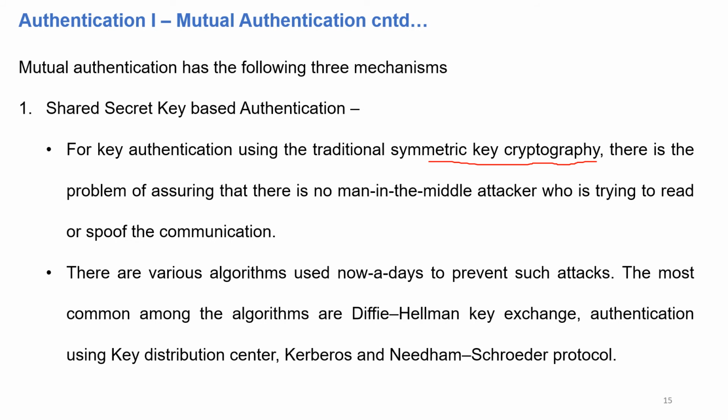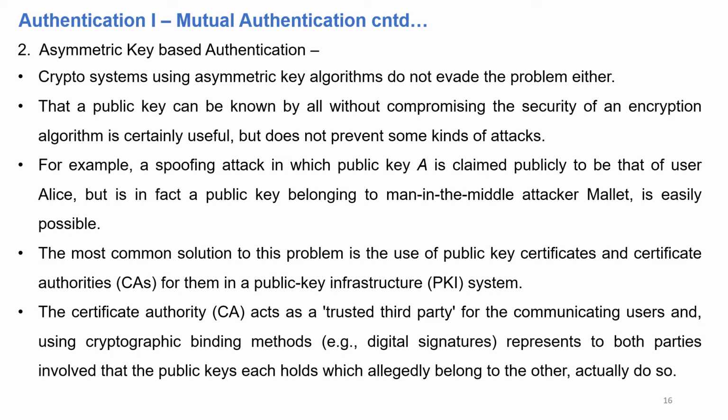We now come to the next mechanism, which is asymmetric key based authentication, also known as the public key encryption method. In an asymmetric encryption scheme, anyone can encrypt your message using your public key, but only the person who holds the paired private key can decrypt it. When we say paired, it has to be paired to the public key in order to decrypt the message.